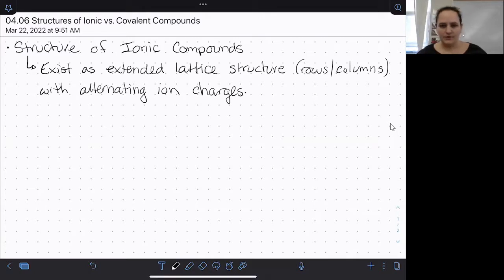So if we think about what this would look like at the molecular level, let's consider what the structure of sodium chloride would actually be. Sodium and chloride are each just a single atom ion, a monatomic ion.